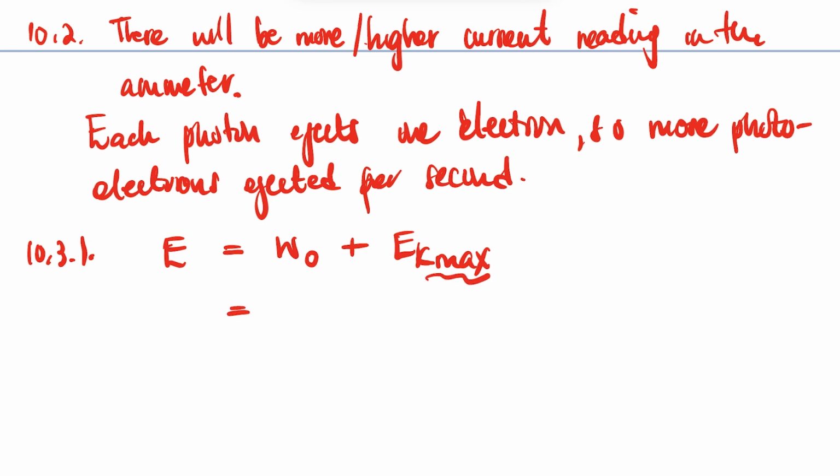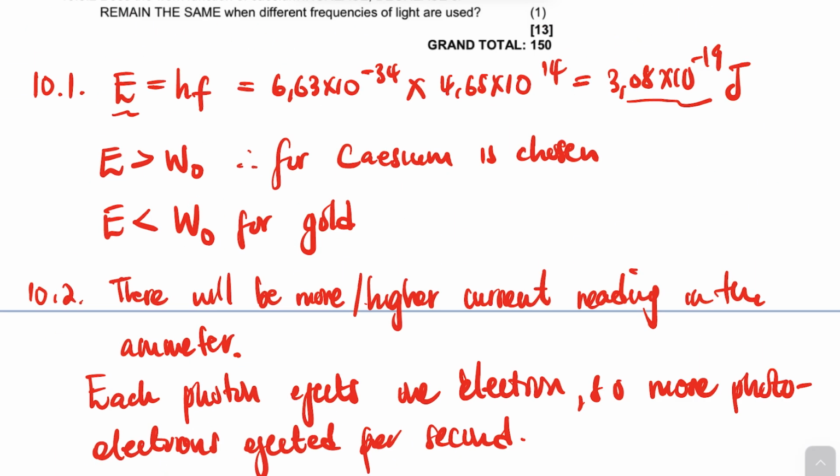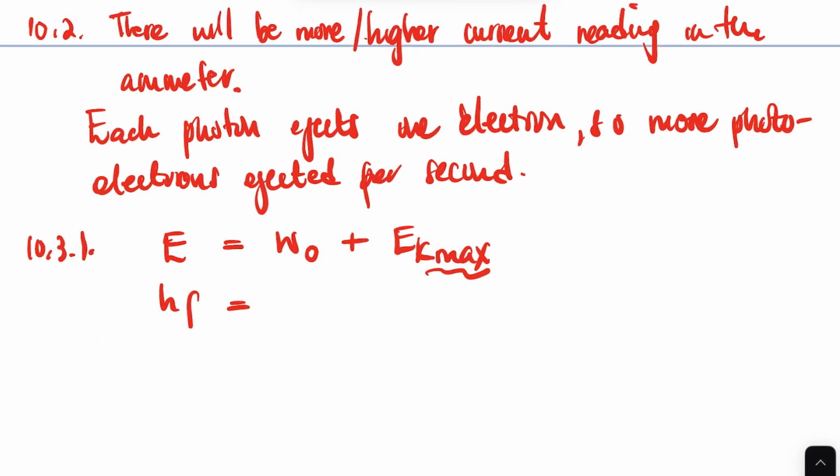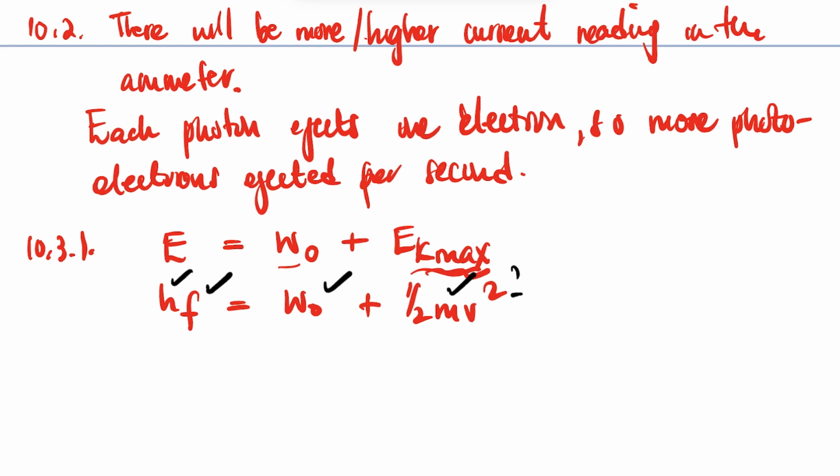What we want is the speed. We'll get it there. So for the energy, we'll use hf, since we're given the frequency. We do have the work function, and the kinetic energy we'll say is half mv squared. What do we have? We have Planck's constant, the frequency, the work function of cesium, and the mass. We are looking for the speed.